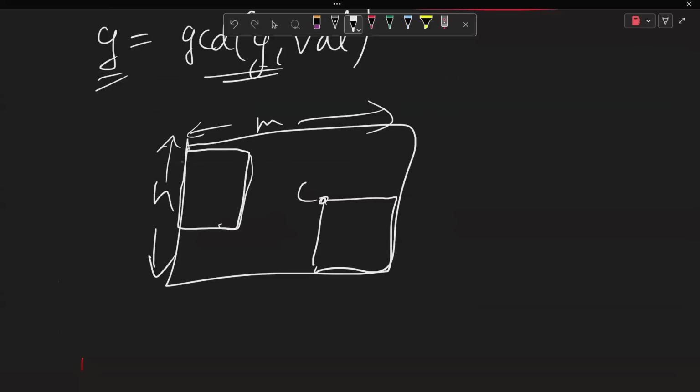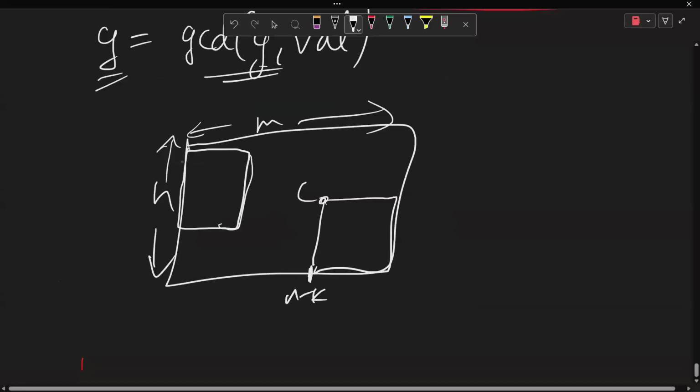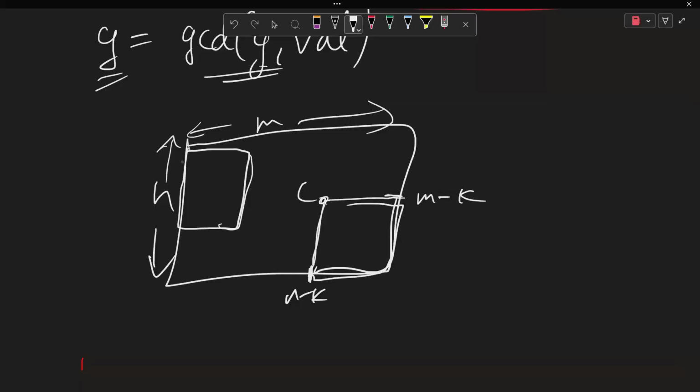So this thing would be n minus k, this thing would be m minus k. Okay, this would be the last matrix that you would compute.